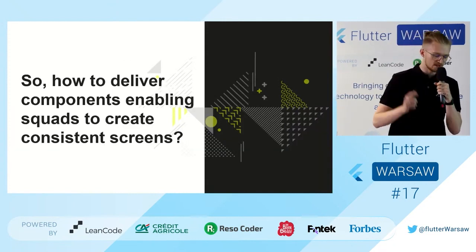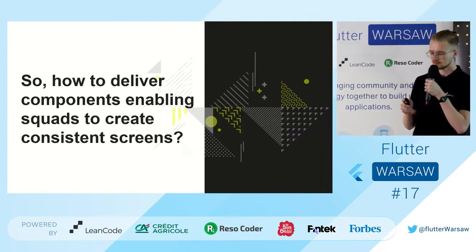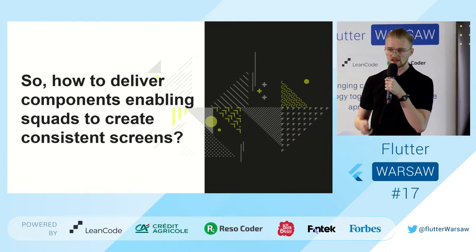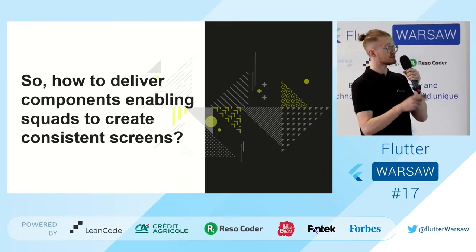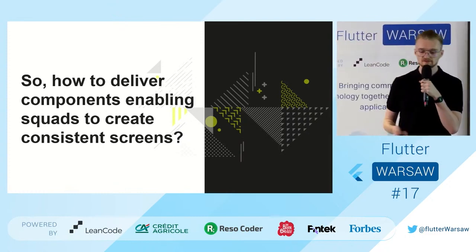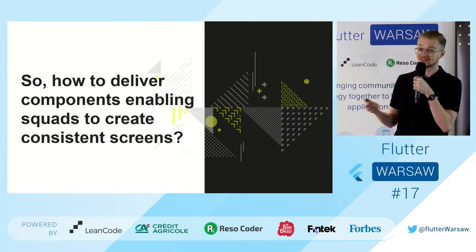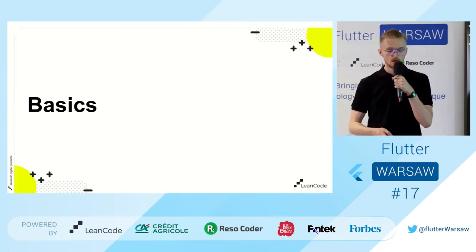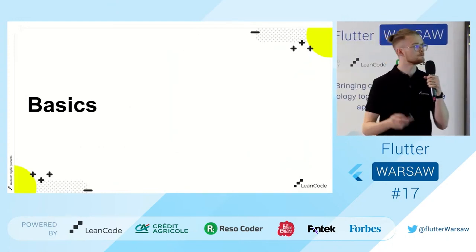But let's face this question: how to deliver components enabling squads to create consistent screens quickly? How to do it in a good way, without a big amount of problems? Let's start from the bottom up.